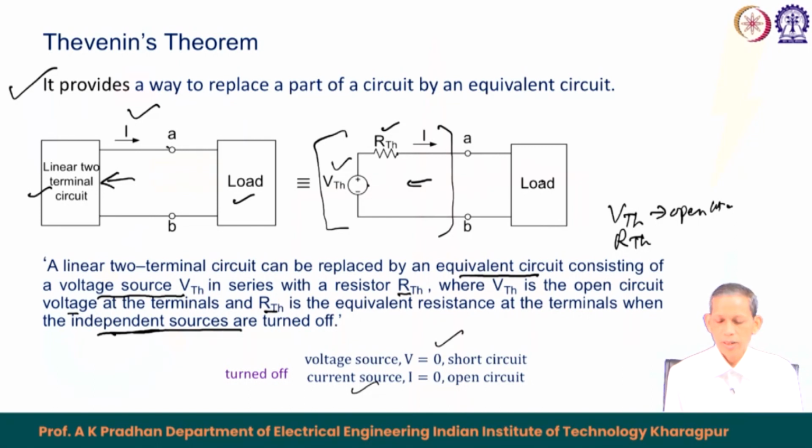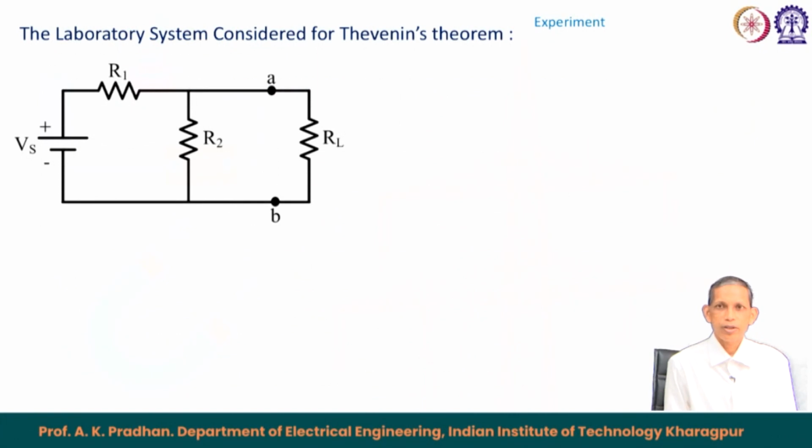Then the current through the resistance or whatever element is across AB becomes pretty straightforward.